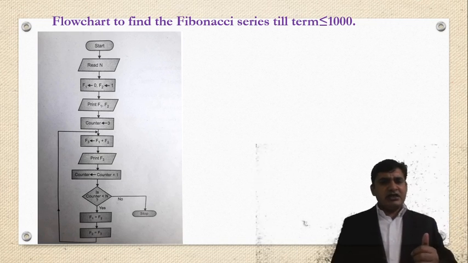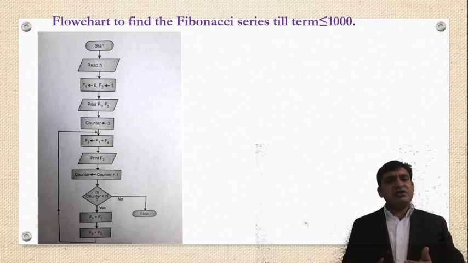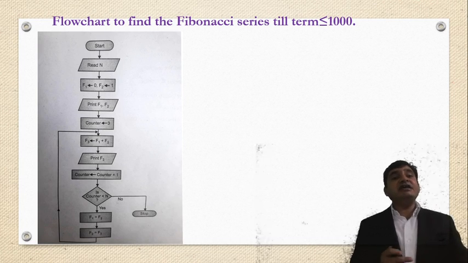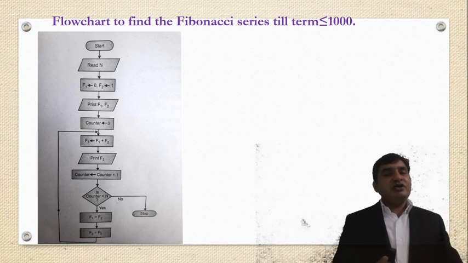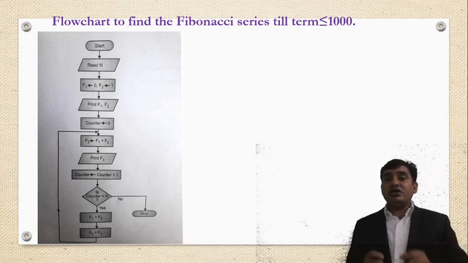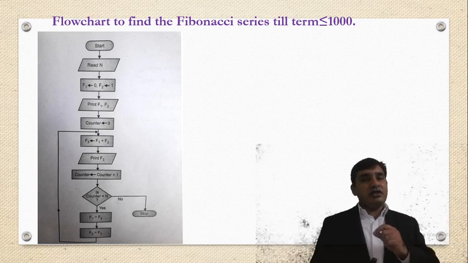So we know that in a Fibonacci series, the first term is added with the second term, the third with the fourth, and then the fifth. This process is carried out till the term is less than or equal to 1000.